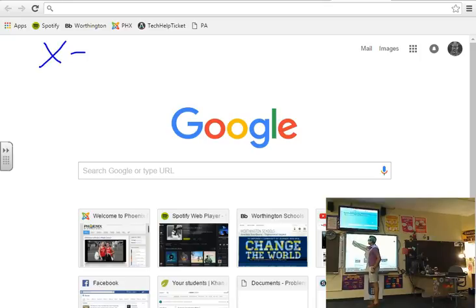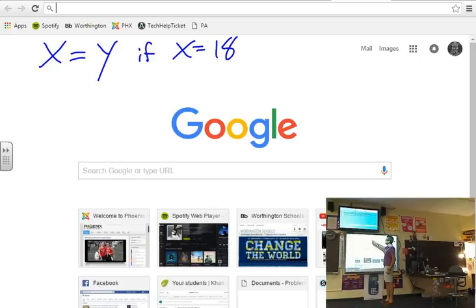You had x equal to y, then you got told x, and I think it said "and," didn't it? Oh yeah, so if x equals 18, then they tell you y is 18.